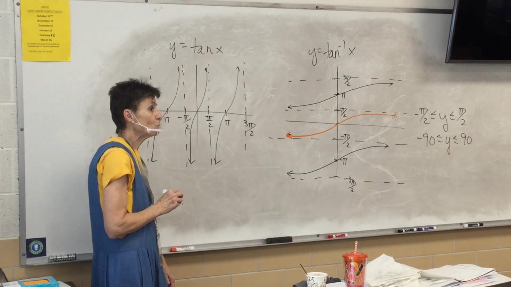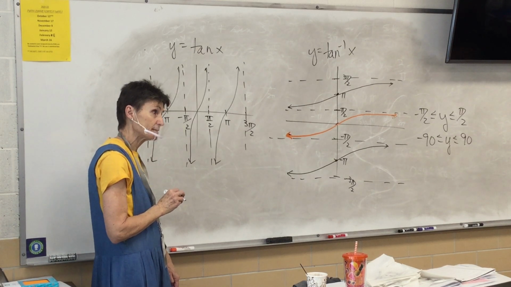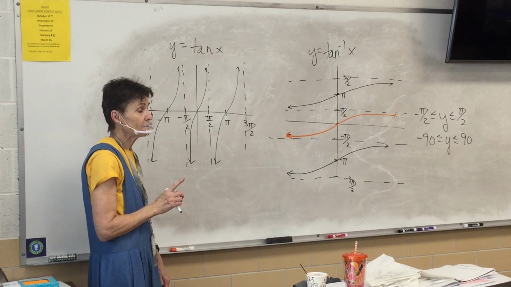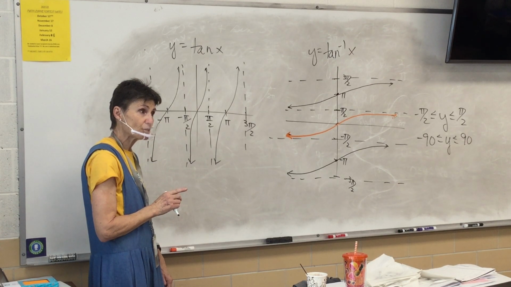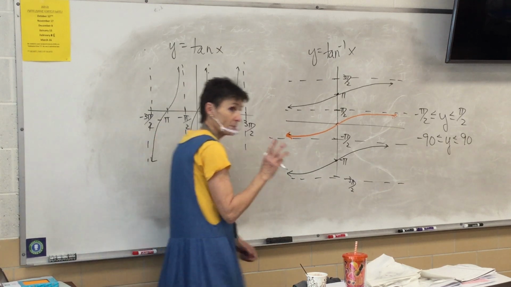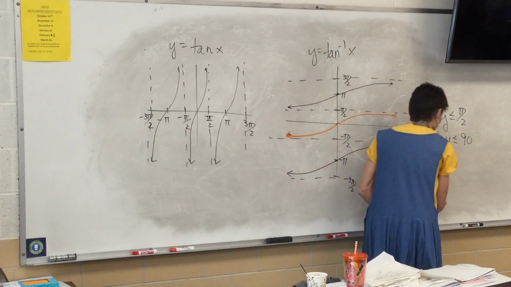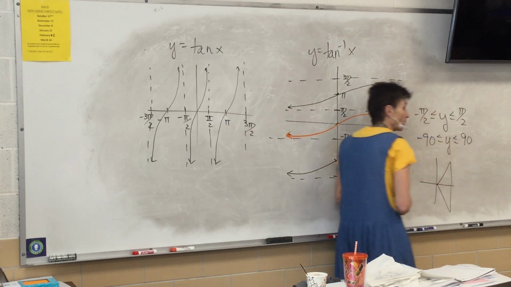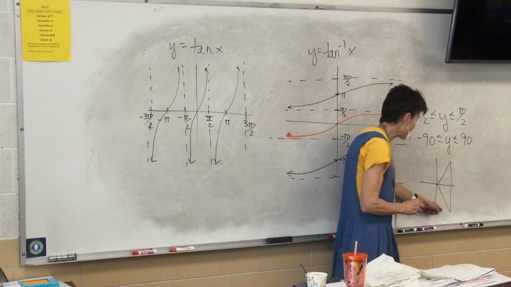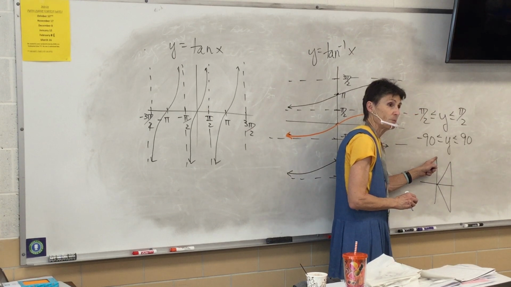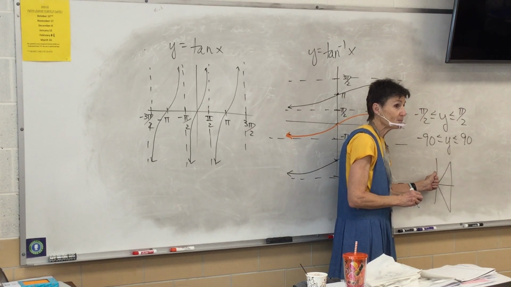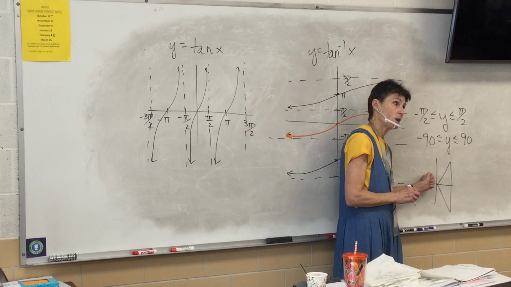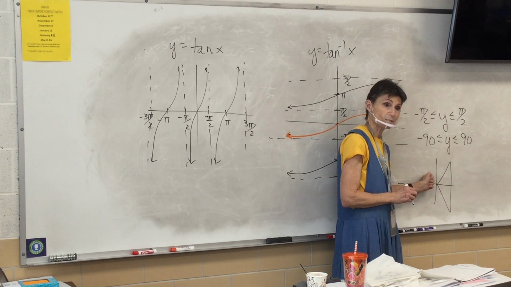So when I'm doing these problems by hand, if it is an inverse sine or an inverse tangent, I'll be drawing my little triangles. I'll draw them in quadrant 1 and quadrant 4, because that's negative 90 to positive 90. So if you're doing a problem by hand, this is how you're going to draw your inverse sines and tangents.